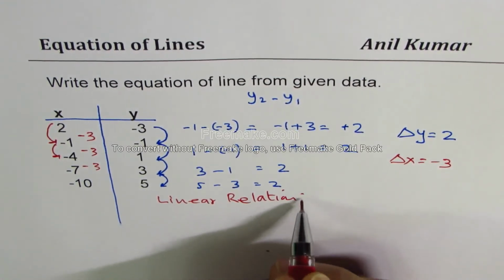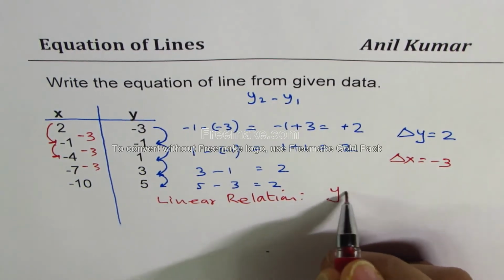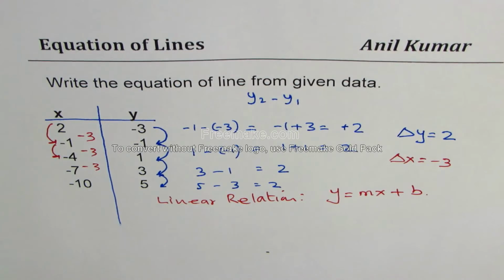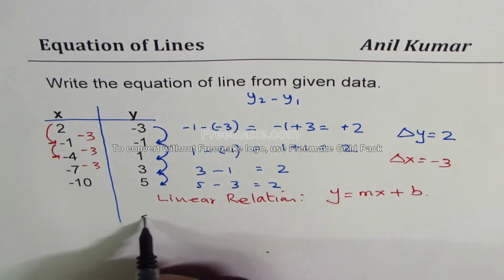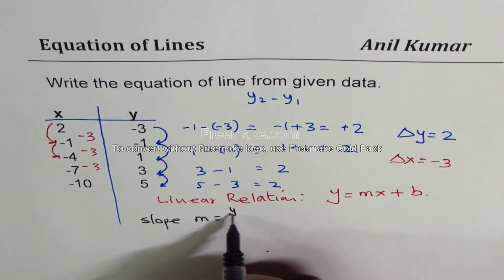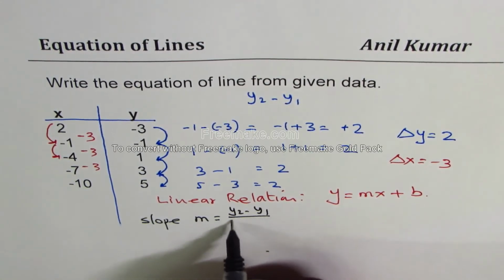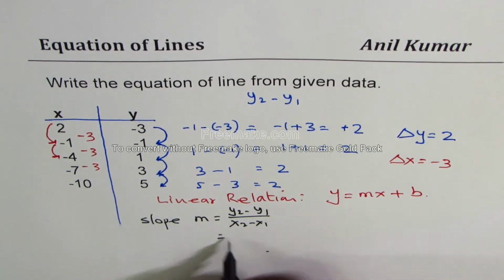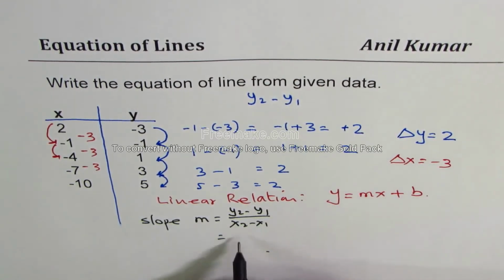So I like to write down the equation in the form y equals mx plus b. Now from here, what is the slope? Slope m is equal to y2 minus y1 over x2 minus x1, which is 2 over minus 3, right?